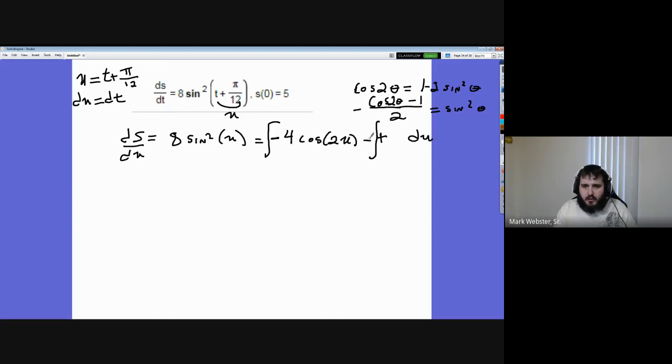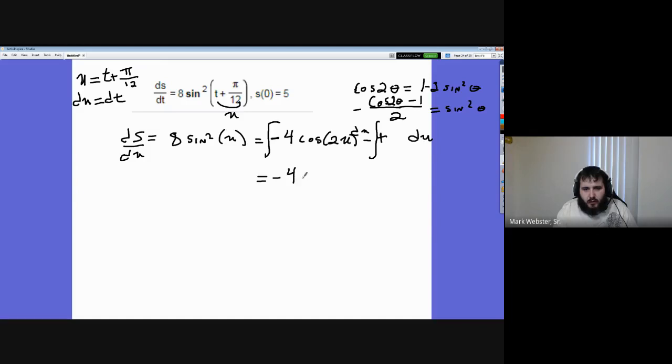Du, du. Because remember, when I integrate cosine of 2u, it's like 1/2, right? Dividing by that 2, just like if we were going the other way, we'd multiply. So what do we have?